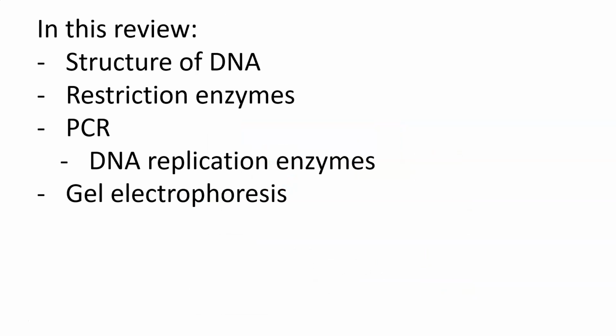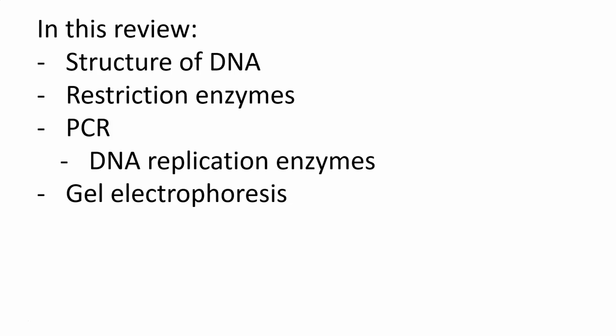Let's talk about what we just talked about. We talked about the structure of DNA for like the 100th time. It is a repeating sugar phosphate backbone. The phosphates are negatively charged, which allows us to do electrophoresis. We talked about restriction enzymes, which cut DNA at very specific places, which allows us to not only analyze those segments of DNA, but potentially paste in segments of DNA where we want them.